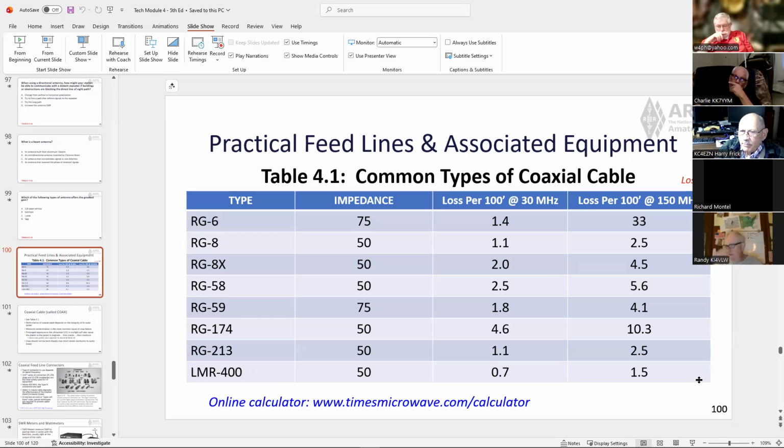When I got that RG213, it only loses either 25 or 30% in 100 feet, and I'm only running about a 40-foot run of coax to start with, so I was able to cut the power on the radio back and still get into the repeater.